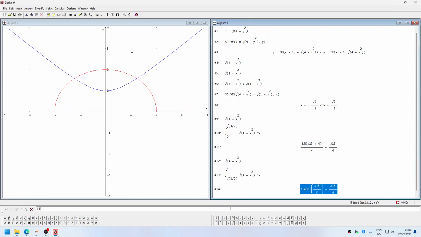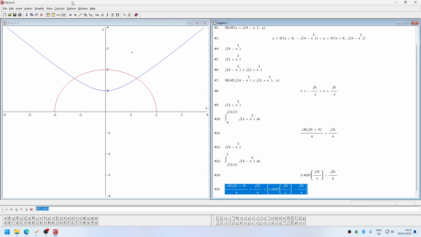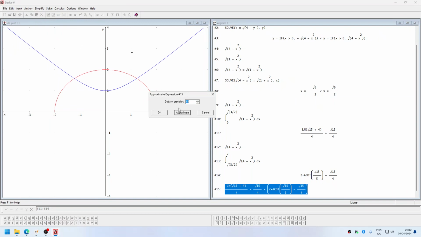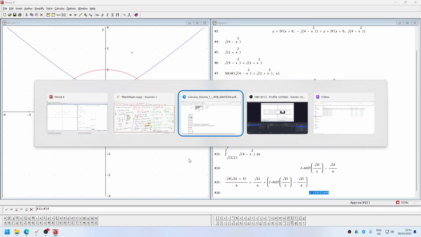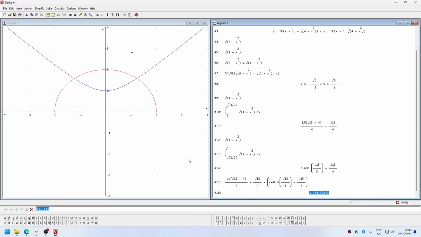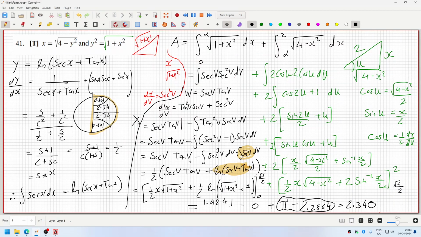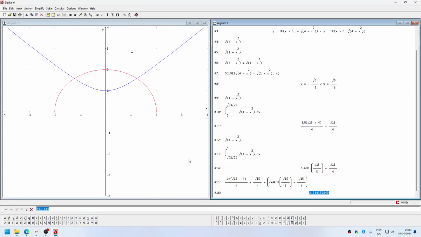Then 11 plus 14, 2.33. Yeah, 2.339. I got 2.340. So if I was being a little bit more precise with my rounding, it'll be 2.34. Oh yeah, no, it rounds off the tree.